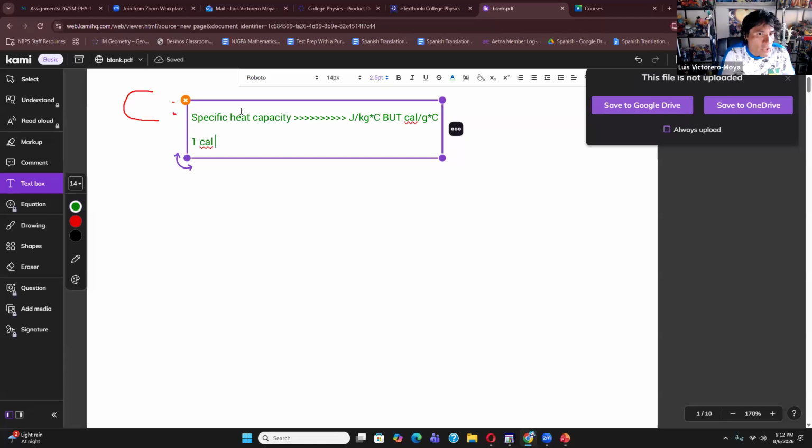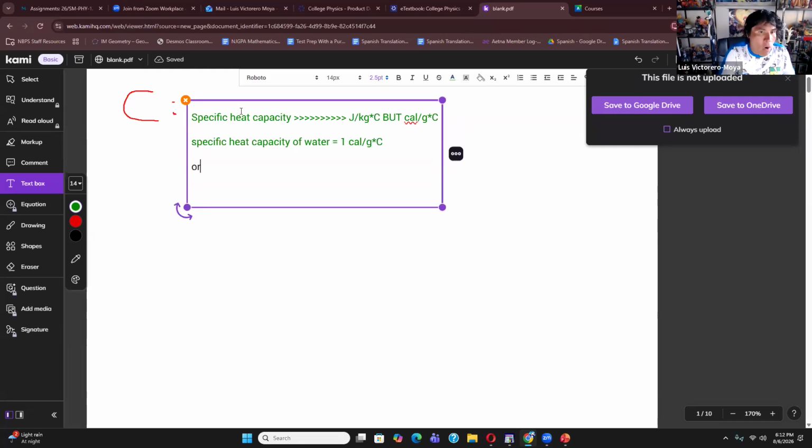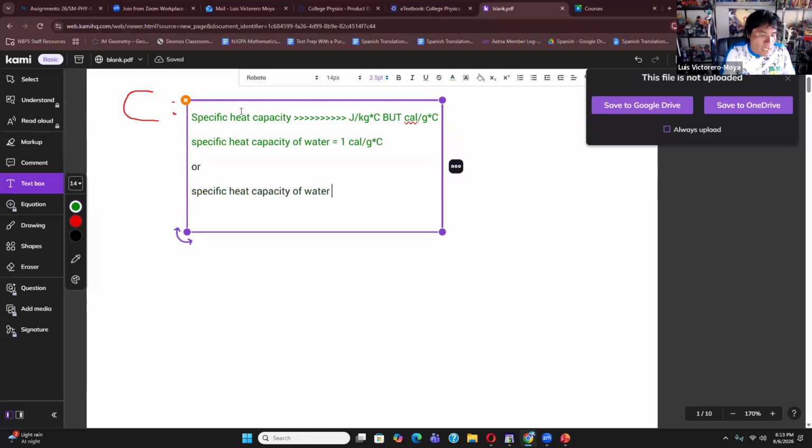So the specific heat capacity of water is equal to 1 calorie per gram per Celsius. Or in joules, the specific heat capacity of water is 4,186 joules per kilogram Celsius.